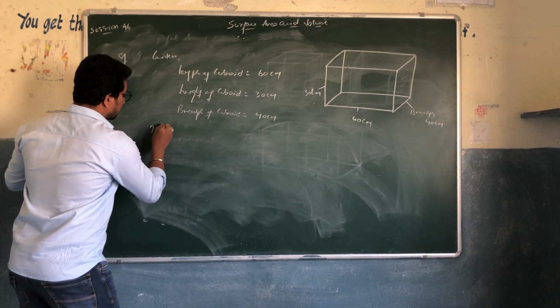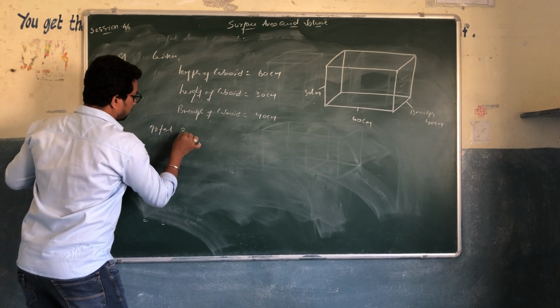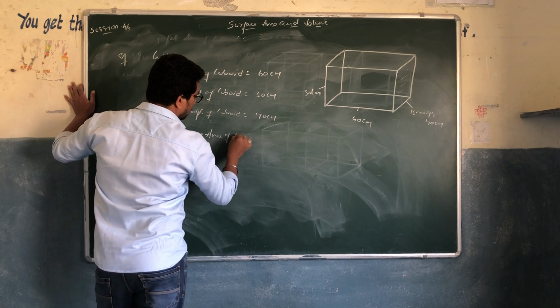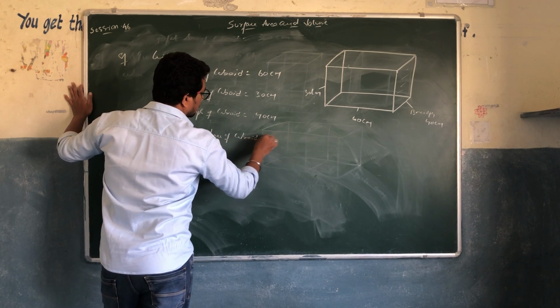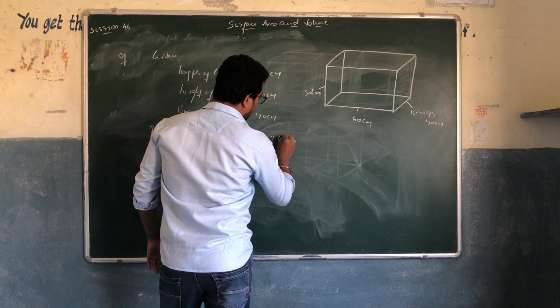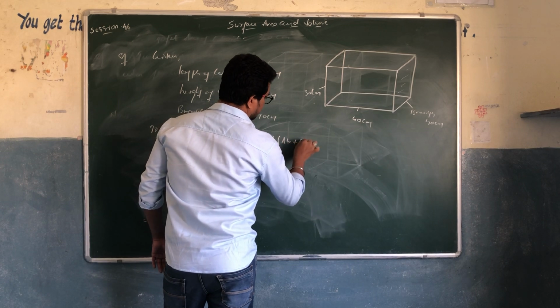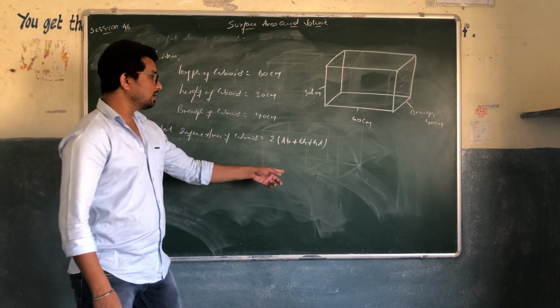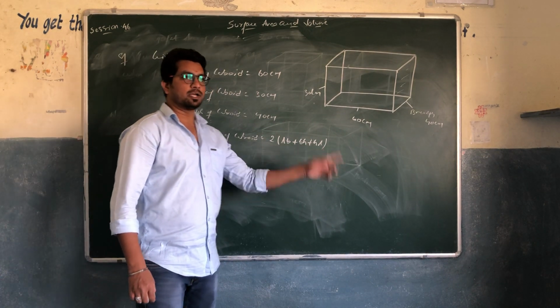Now total surface area of cuboid is equal to, we have the formula 2 into (LB plus BH plus HL), that is, 2 into (length into breadth plus breadth into height plus height into length).